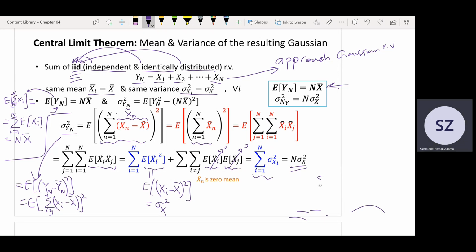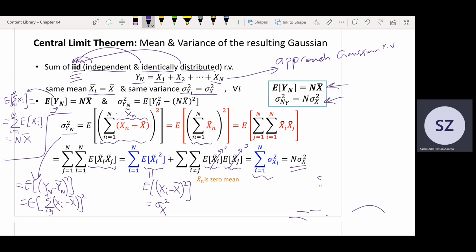So now we know that yn, which is the summation of independent and identically distributed random variables, regardless of what these variables are, I don't care. Whether all of them are exponential, uniform, or Poisson, it doesn't matter. The result is that the sum has a Gaussian distribution with mean equal to n times the average of every one of them, and the variance will be n times the variance of every one, regardless of the details of x1, x2, x3 and their distribution.